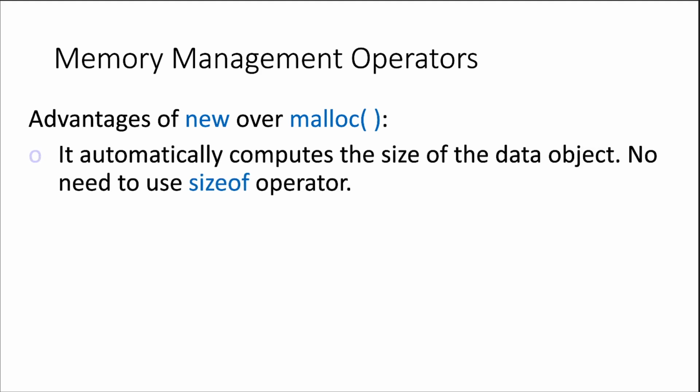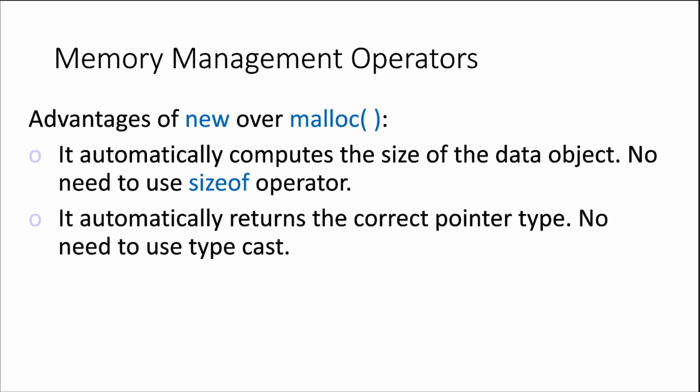The first point is that it automatically computes the size of the data object, so there is no need to use the sizeof operator. Students who are familiar with C might be familiar with malloc, sizeof and all that. Here in new, you need not use that; the size is computed automatically.